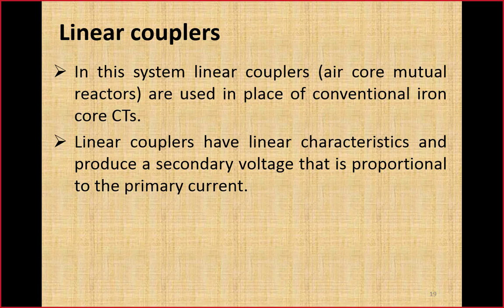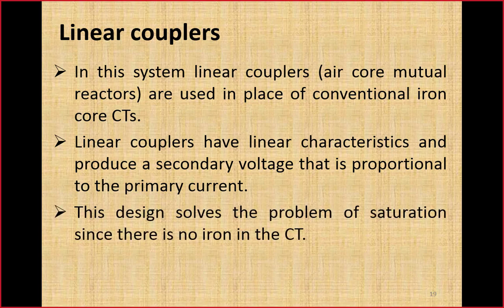On the secondary side of a linear coupler we don't get a current because these linear couplers have very limited ability to provide secondary current. What we do is insert a resistor over there and convert that current into a voltage. That voltage will be proportional to the primary current. So this design solves the problem of saturation. Since there is no iron in the CT core, there is no problem of CT saturation.